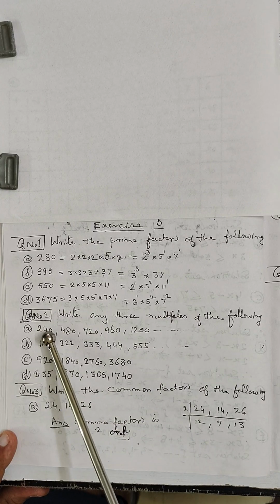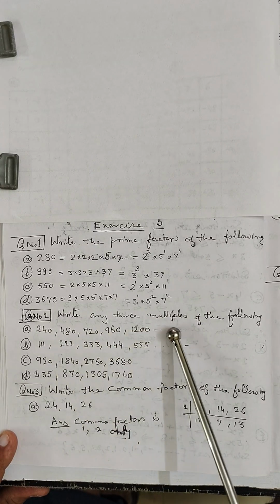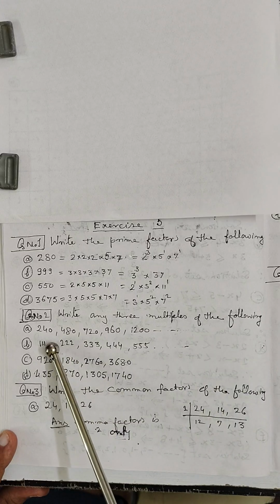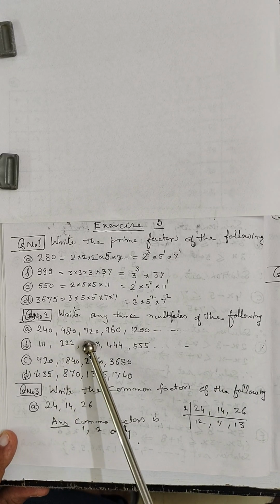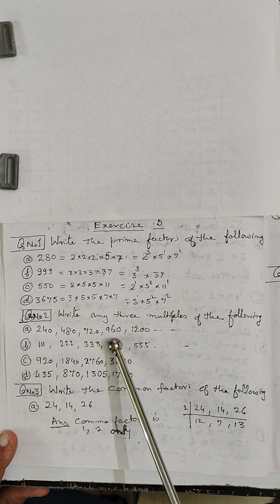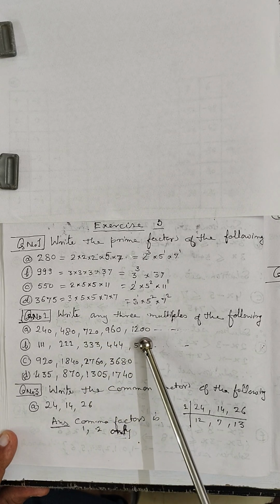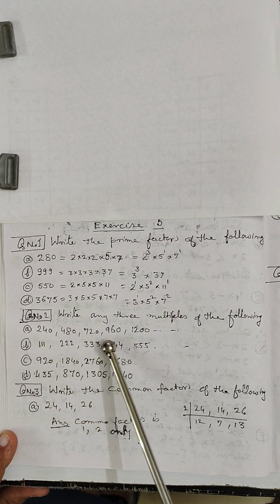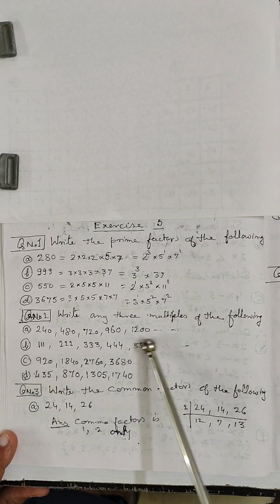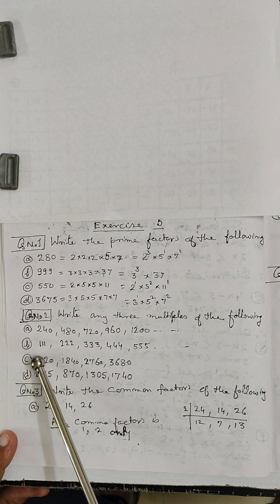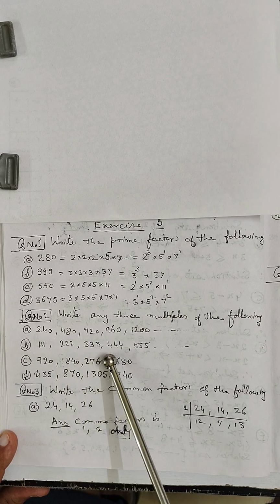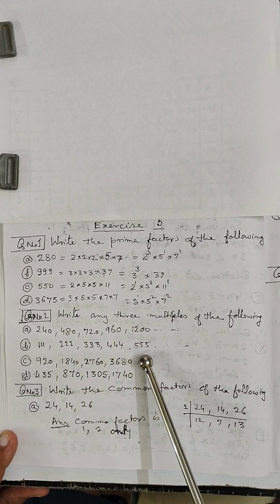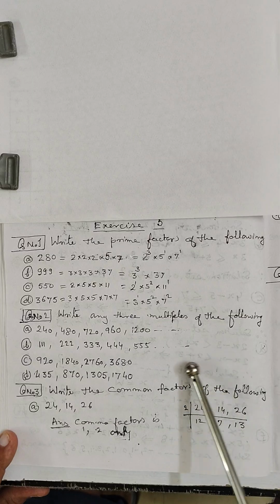Now come to question number 2. Write any three multiples of the following: 240, 480, 720, 960 and 1200. These are the multiples and this will be continued. Now come to the B part, that is 111, 222, 333, 444, 555, in this way and so on.